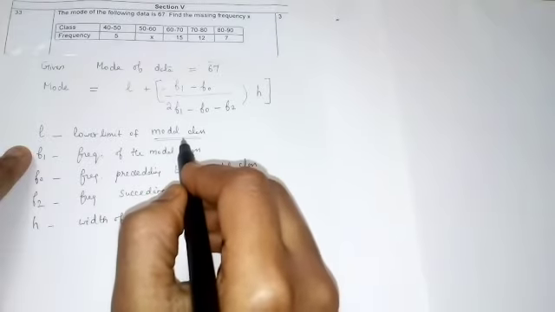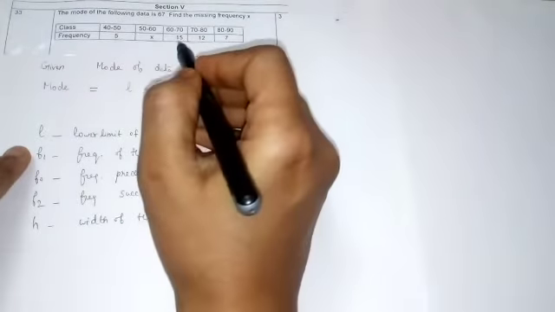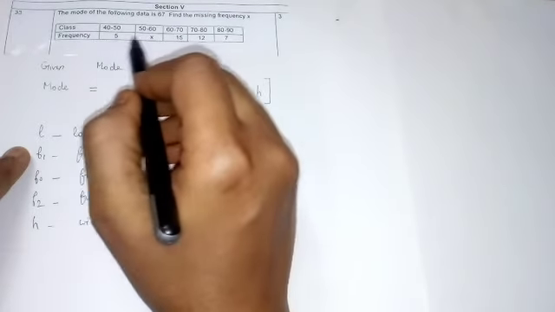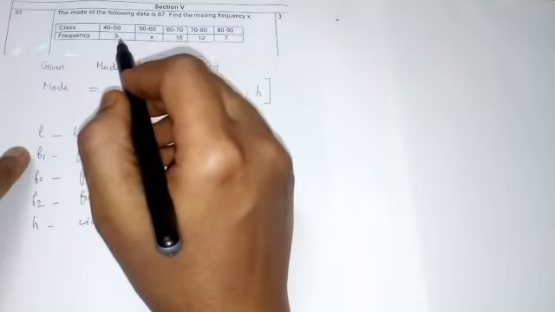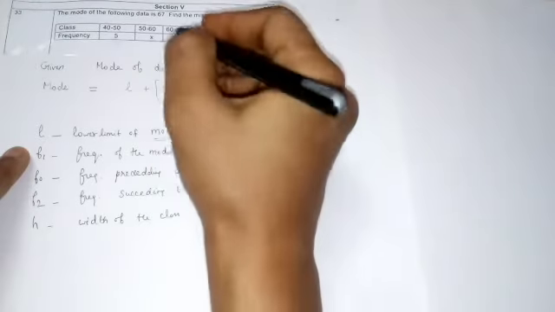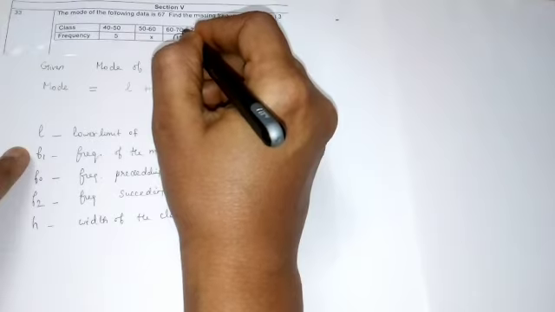The modal class is the class having the highest frequency. Here in the frequency table, 15 is the highest, so the respective class is the modal class.